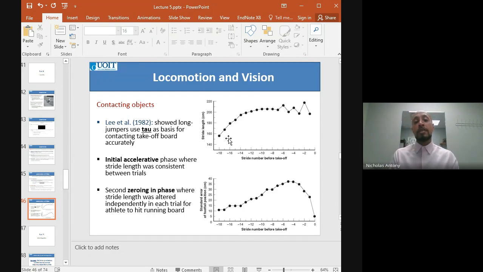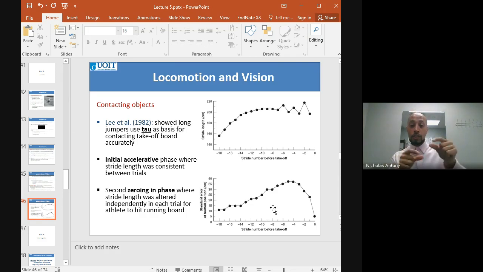And what they found was that their stride length was consistent in all the different trials, except at the end, the last 6 strides before they jumped, the length of their stride was variable. And so what they found was that the high jumpers would run and then look at the target just before they needed to jump to get a better time to contact estimate.